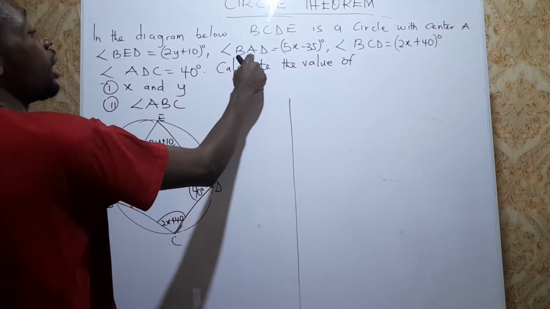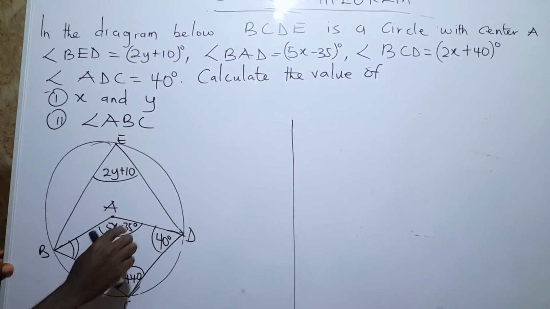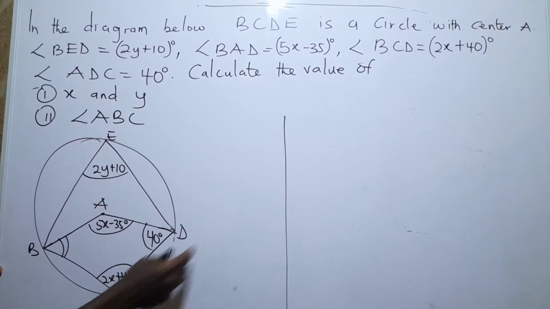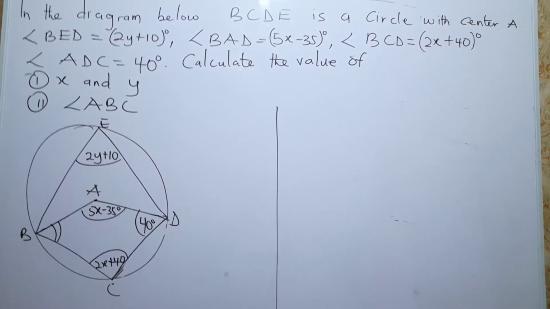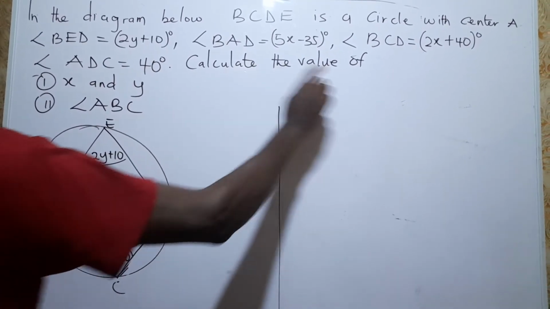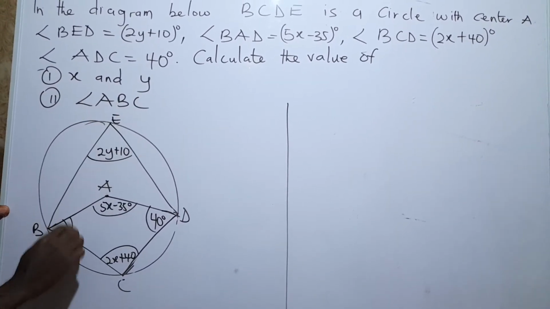Angle BAD is 5x minus 35. Angle BCD is 2x plus 40. And angle ADC is 40 degrees. And they say calculate the value of x and y. Then angle ABC, the angle here.